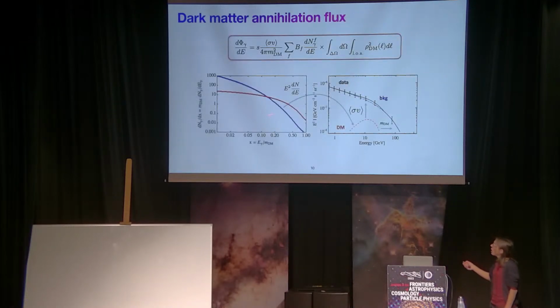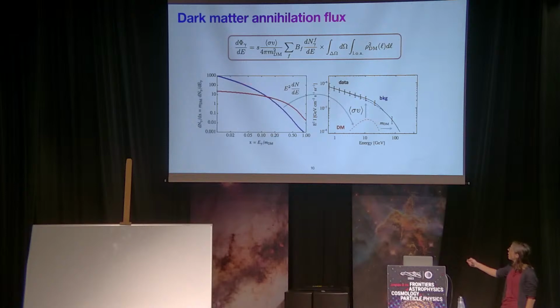Let's suppose you want to recast a b-bbar result into a tau tau result, right? So you take the constraints that are derived with this line, but the constraints are a joint likelihood over different energy bins. So you have your data in different energy bins.